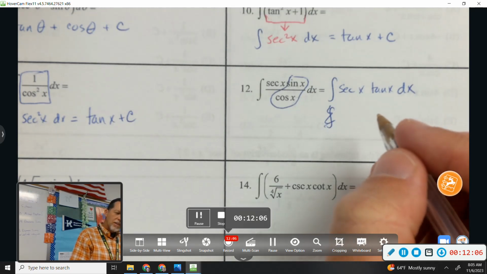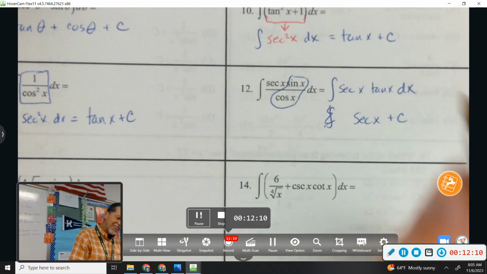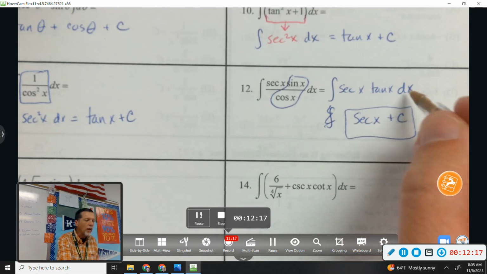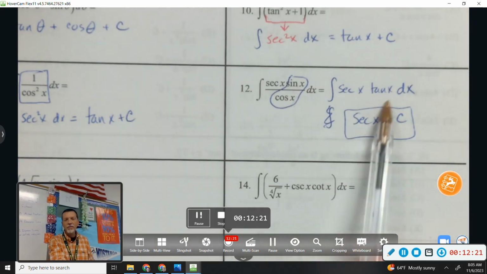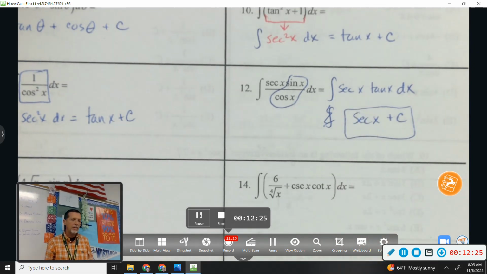Secant of x plus c. Derivative of secant is secant tangent. So again, you got to know those forward rules well enough that you recognize the backward situation. Because normally you're like, wow, that looks complicated. Except that it's one of the ones we're supposed to recognize.